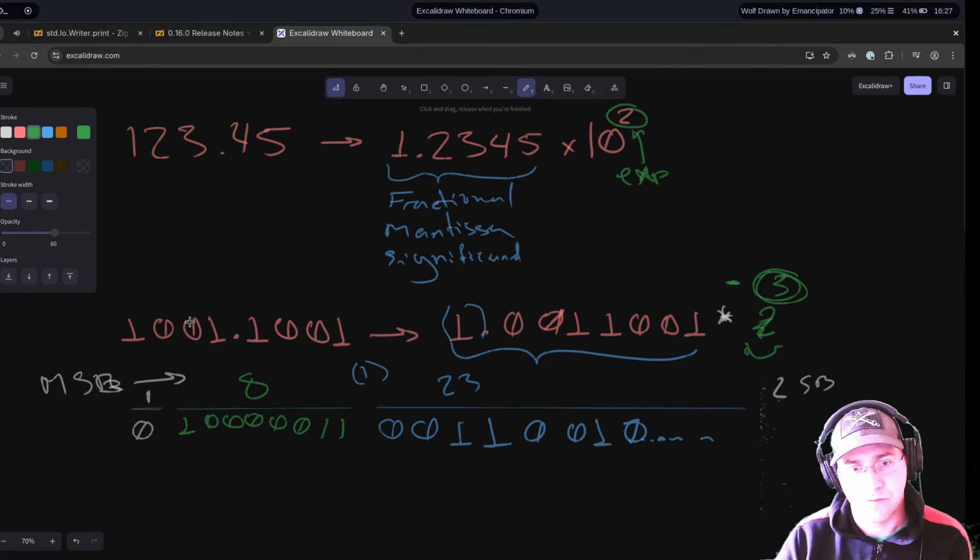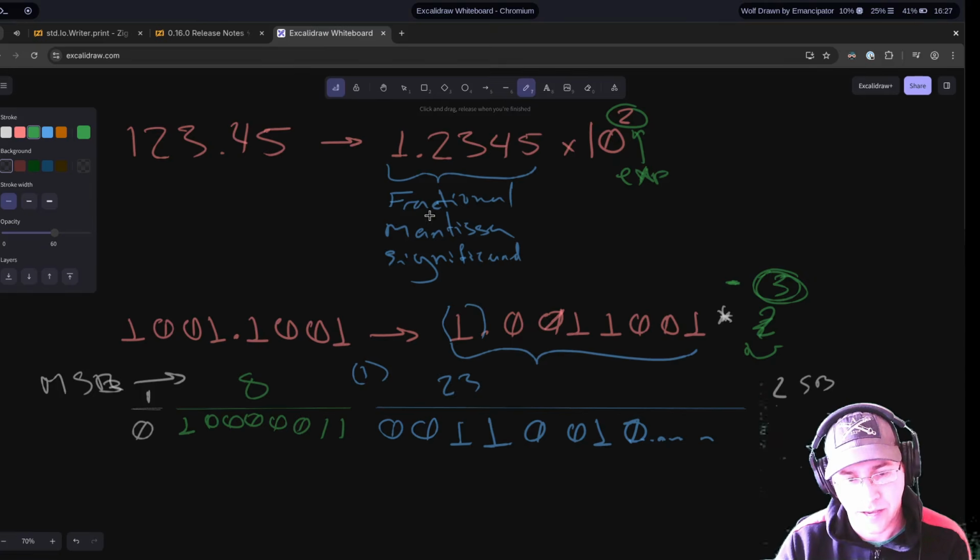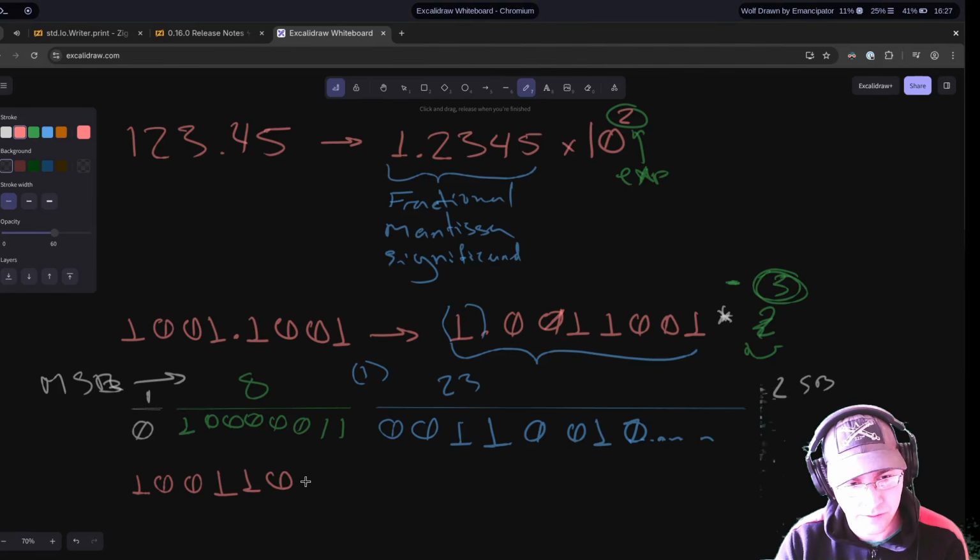Now, the question might still remain: how do I know that my U24 can encode into a 32-bit floating point number? Let's just take this as an example. Say you had this integer, 1, 0, 0, 1, 1, 0, 0, 1.